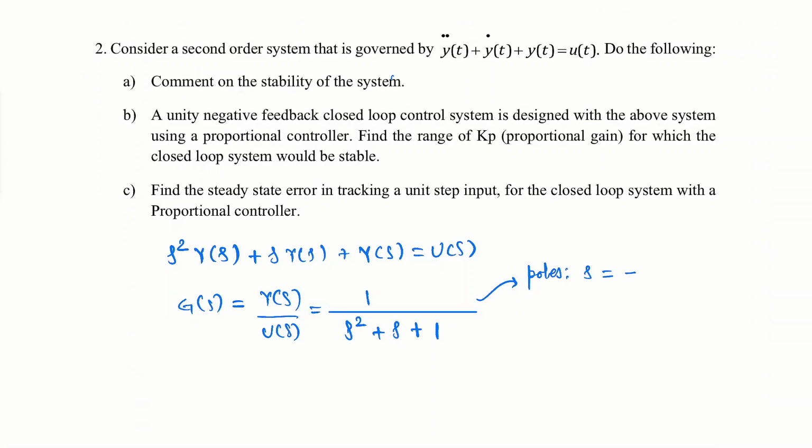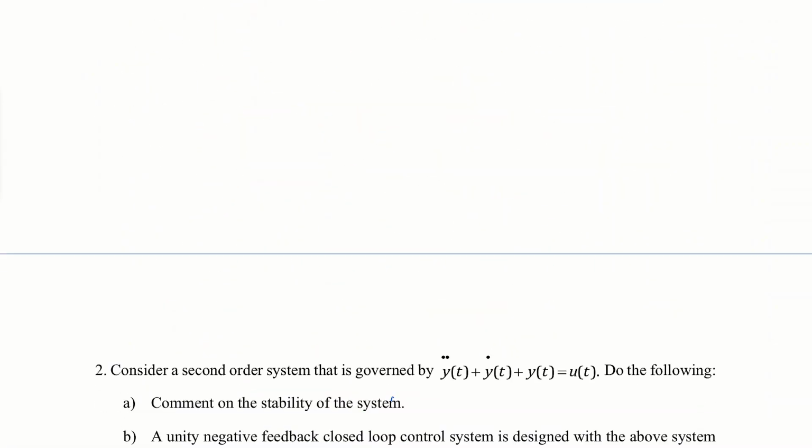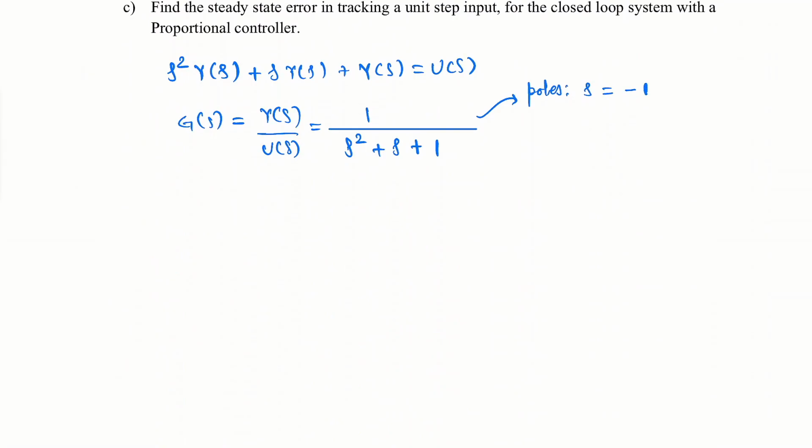S equals, let's apply the quadratic formula, minus b plus minus under root b square minus 4ac over 2a, which gives minus half plus minus under root 3 by 2 iota. So we have complex poles, and both of them are in the left half of the complex plane. This implies the system is stable.